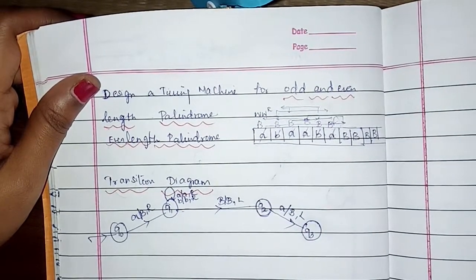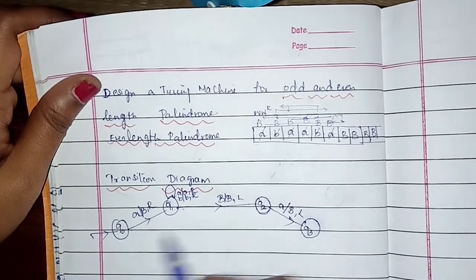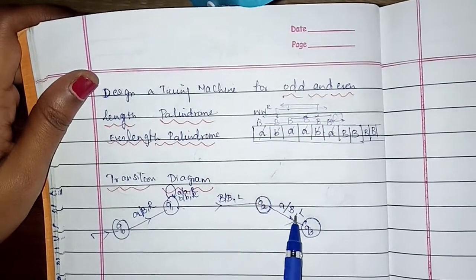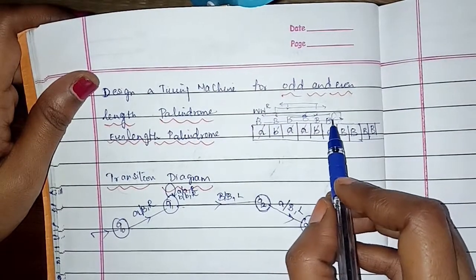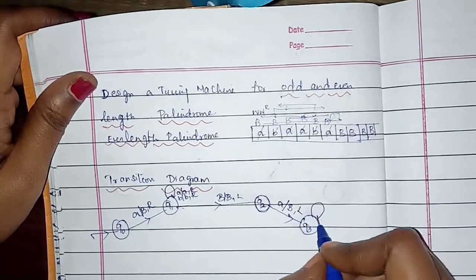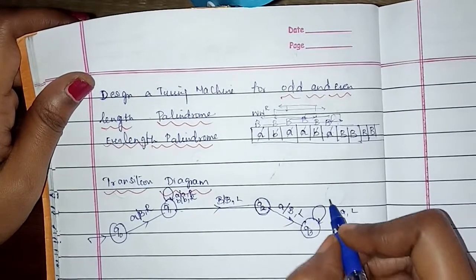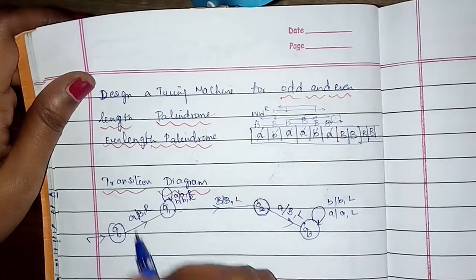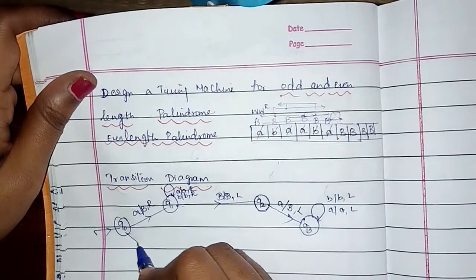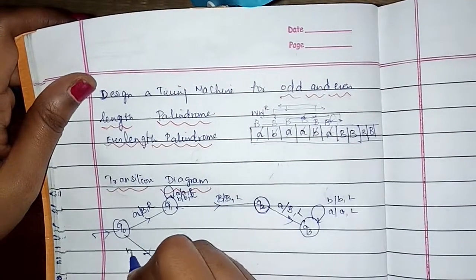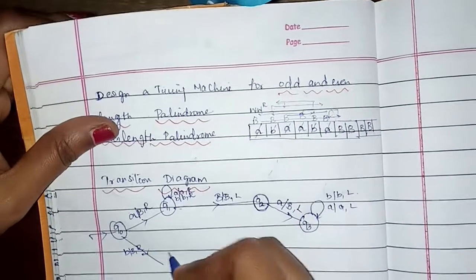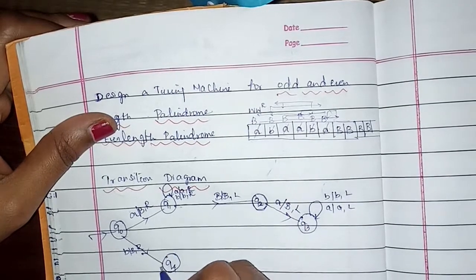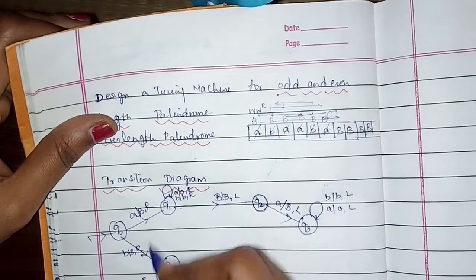So when the first is A, the final one is also A. Now after changing this, we have to move in the left direction whatever A or B comes; A remains the same and B remains the same. Similarly, as for A, we have to do the same for the B direction also. If it is B, the same principle happens, so Q3 and we have this Q4, and whatever A or B, the same procedure is applied.